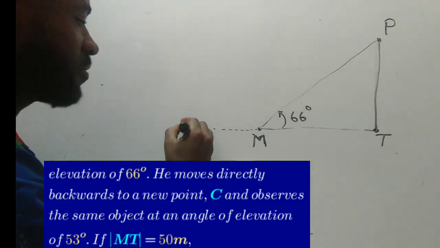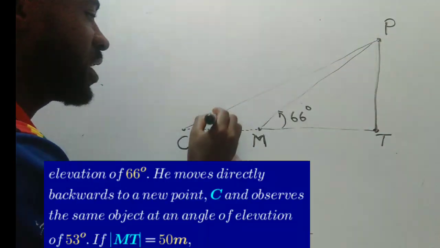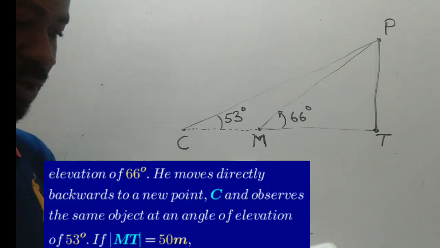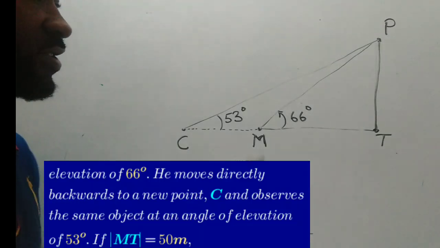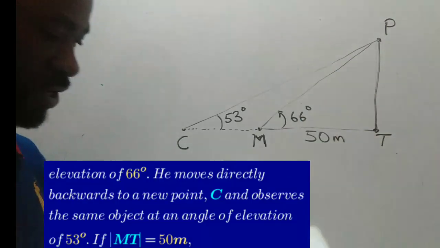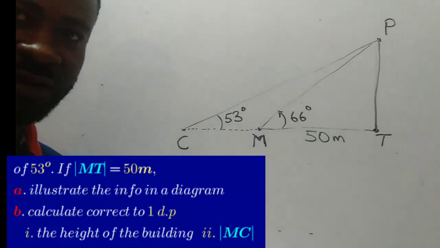So from this point C he also observed this point at an angle of elevation of 53 degrees. Now they said if MT, the distance from M to T, is 50 meters, illustrate this information in a diagram.